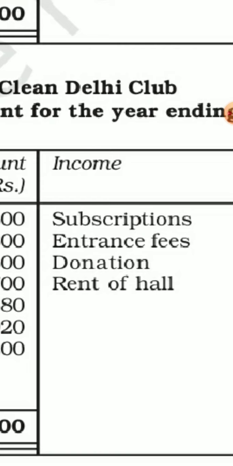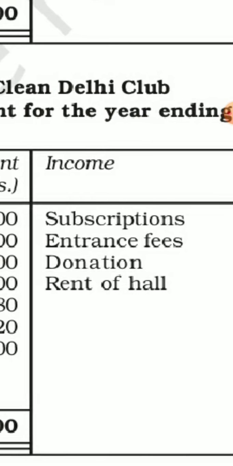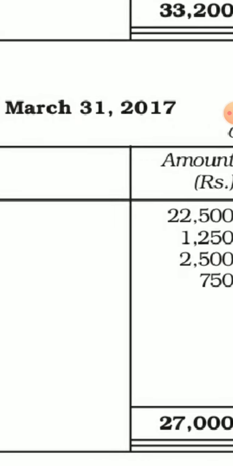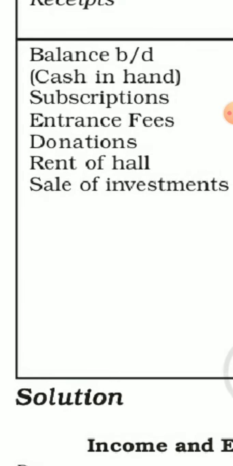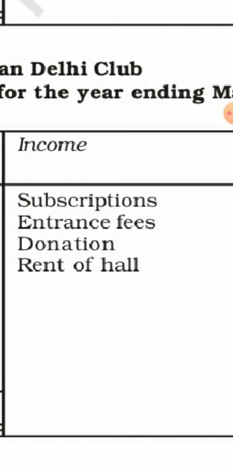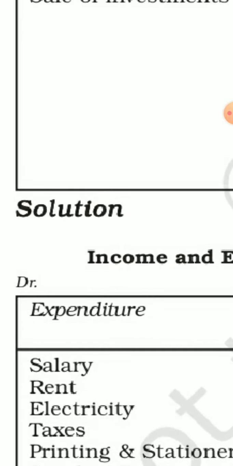They are not presenting by and to, but I think you know that. On the credit side we use by, on the debit side we use to. So by subscription 22,500. Then next, entrance fee, by entrance fee 1250.